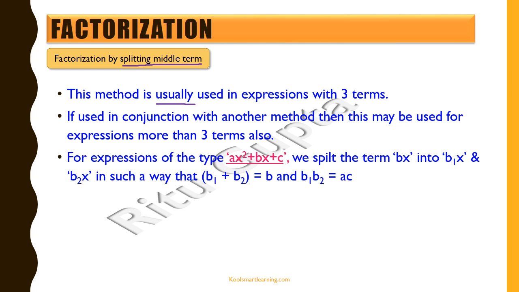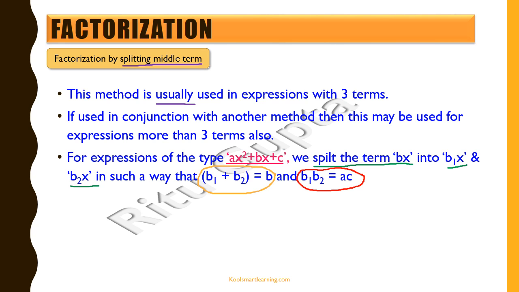We split the middle term bx into b1x and b2x in such a way that b1 plus b2 is equal to b, and b1 b2, the product of the two splitting terms b1 and b2, becomes equal to the product of a and c.